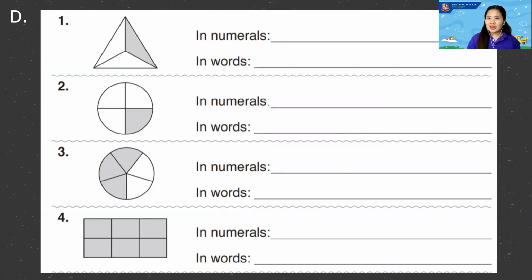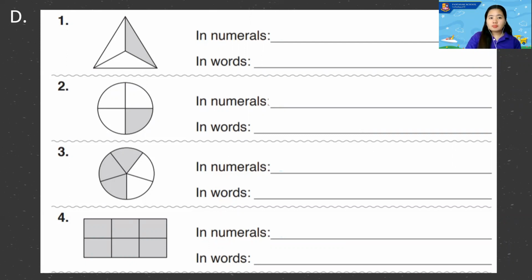That is a triangle, right? So again, how do we write a fraction? You have to count first the shaded part. Shaded means colored in black or gray. How many shaded parts are there? There is 1, and that is the numerator. How about the denominator? You have to count everything, the whole.